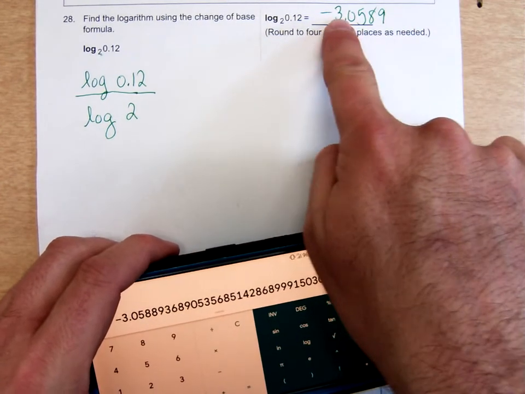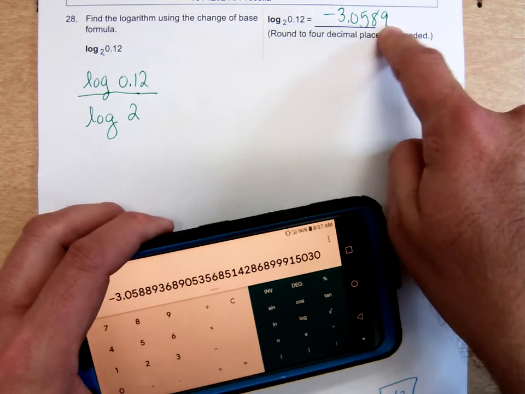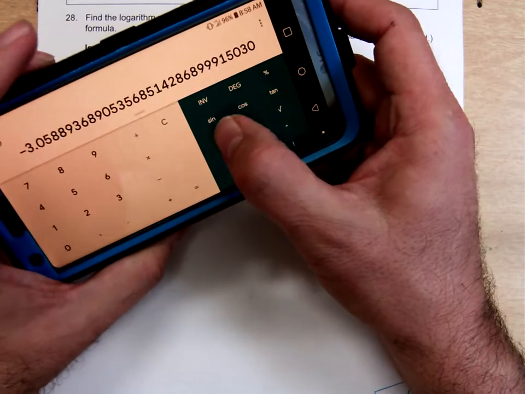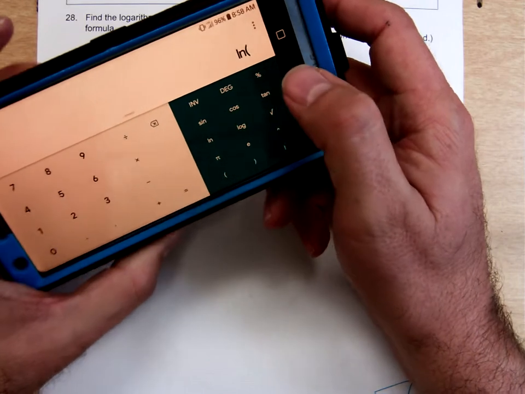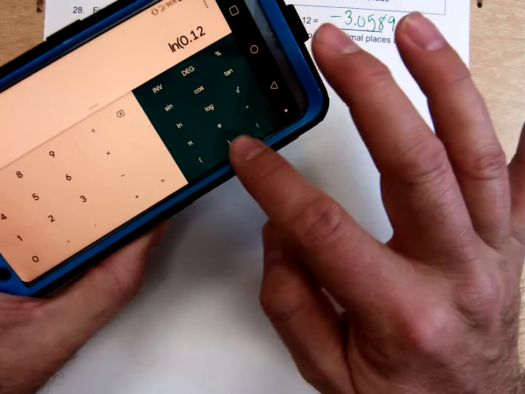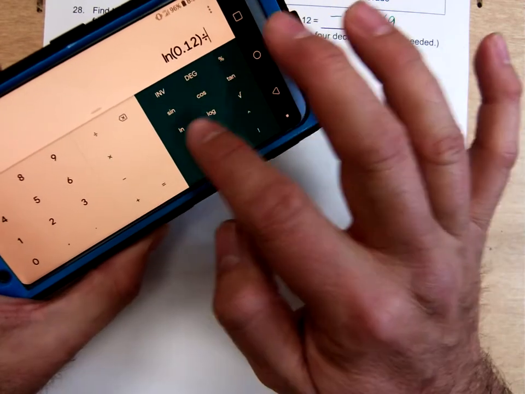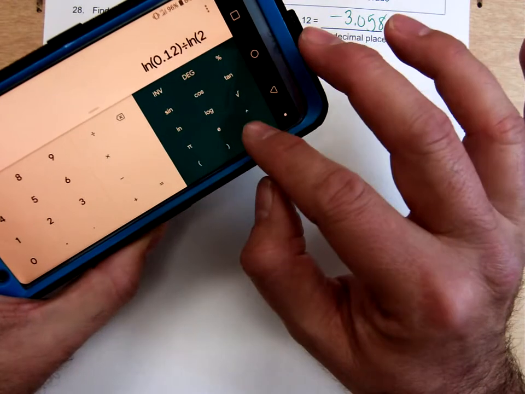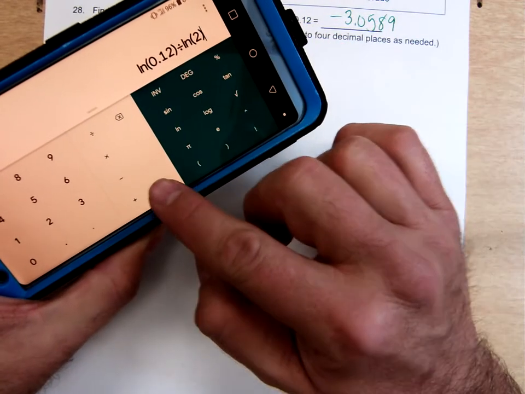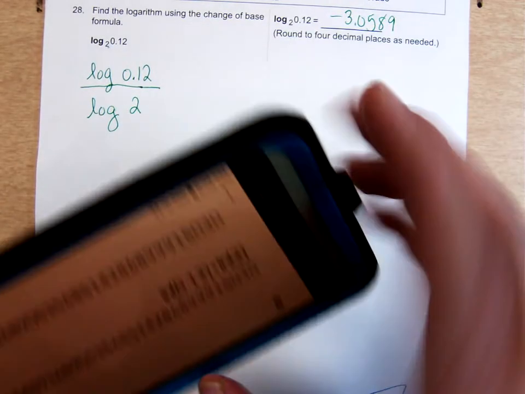Negative 3.0589. If you had punched in ln 0.12, close parentheses, divided by ln 2, close parentheses, you're still getting the exact same answer.